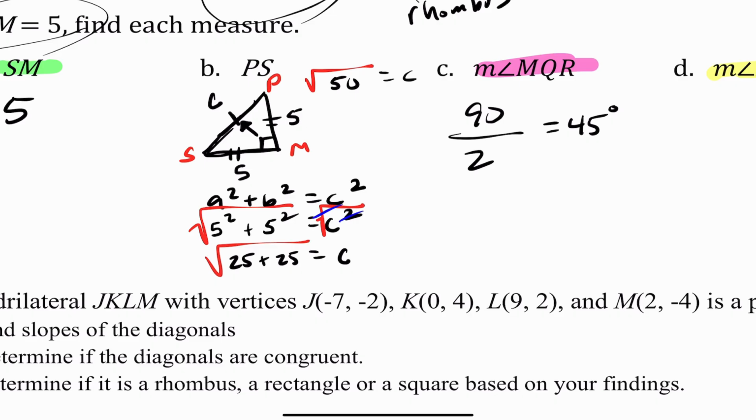If I put that into my calculator, C is going to be approximately, but not quite exact. It's going to be close. C is approximately 7.1. Okay, so that is the value of PS.